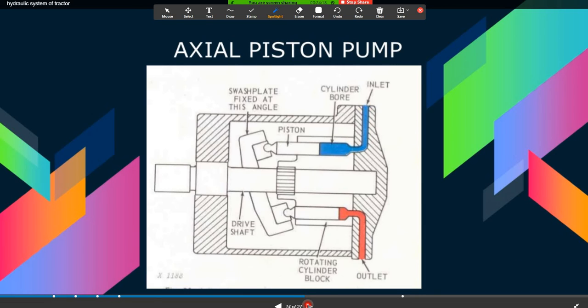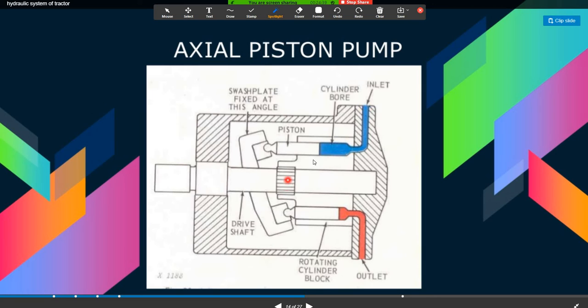This is the axial piston pump. I am talking about the axial piston pump. You can see in the diagram, there are two types of pump: one is the axial piston pump and another is the radial piston pump. So, dear students, the pump in which the pistons travel parallel to the axis of the pump.